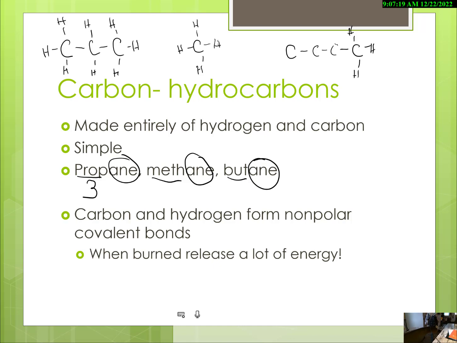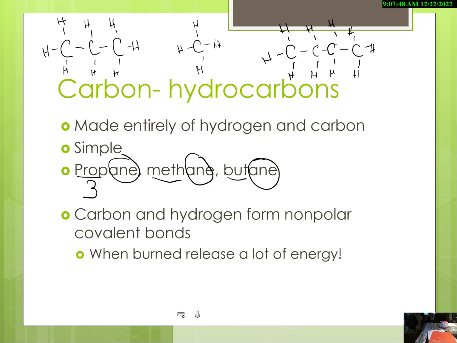So again, each one of these hash lines represents a single bond where we have electrons being shared, 1 electron from each atom across the bond. In this case, we have all nonpolar covalent bonds.